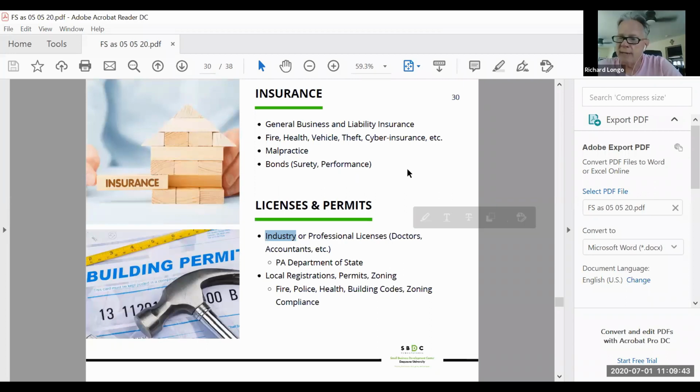Insurance is going to be very important. General business and liability insurance. If you're going to go into an office or create an office, right? Fire, health, vehicle theft. What about your insurance? Health insurance, personal insurance, okay, malpractice insurance. These are all costs. Remember, a lot of times your employer, when you get a paycheck, covers these things, right?